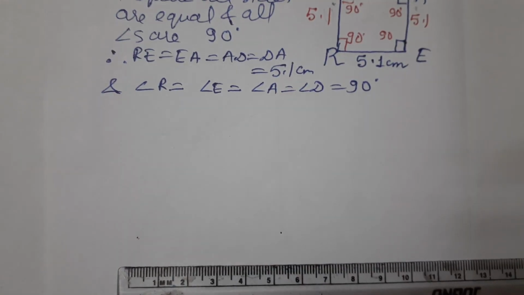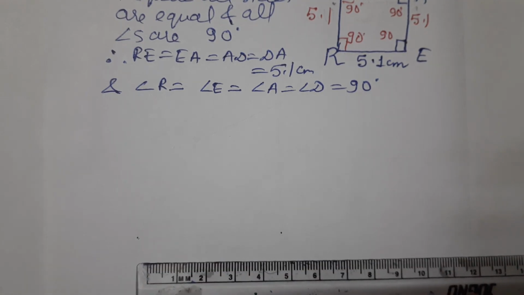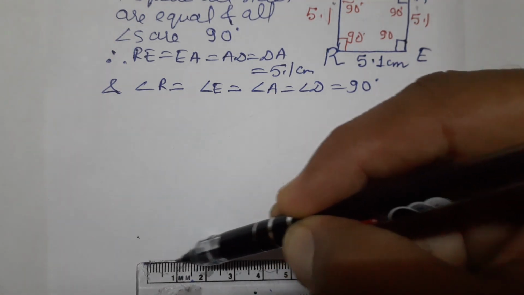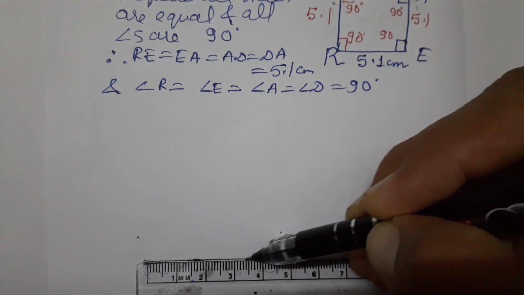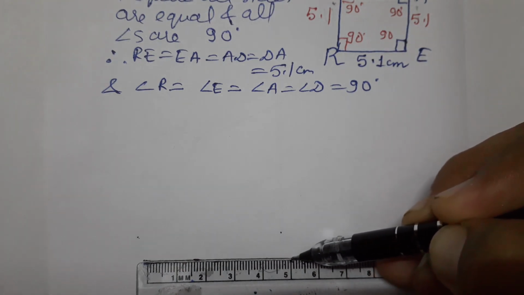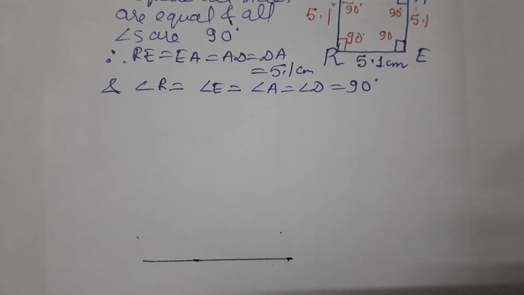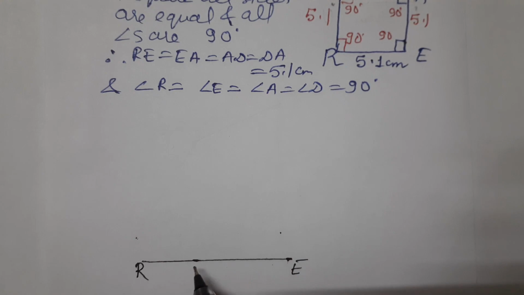So let's make RE equals 5.1 centimeter. Take a ruler and measure 5.1 first. So this is 5.1. Name it RE. This is 5.1 centimeter.